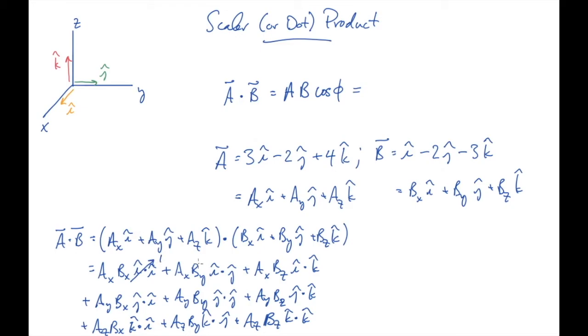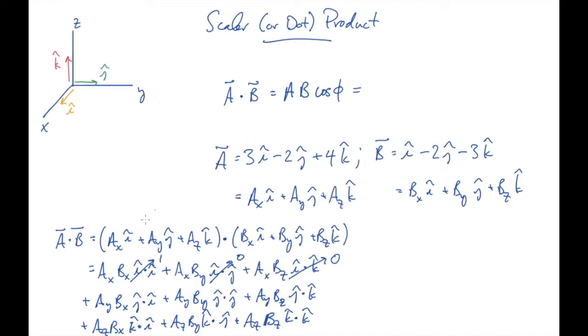So that's good. The next one says i hat dot j hat. Okay, same definition. Length of the first vector is 1. Length of the second vector is 1. Cosine of the angle between them. i hat is perpendicular to j hat. So cosine of 90 degrees is going to give us 0. And this is 0. i hat dot k hat. Same business. 1, 1, cosine of 90 degrees, because the x-axis is perpendicular to the z-axis, and that's 0.